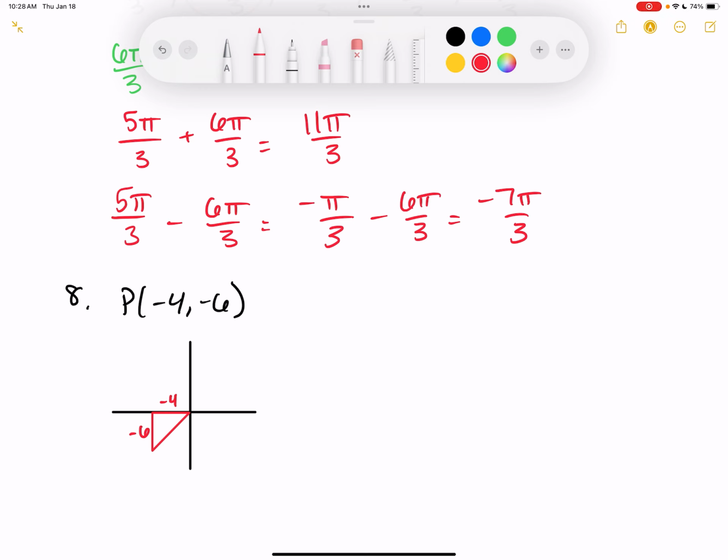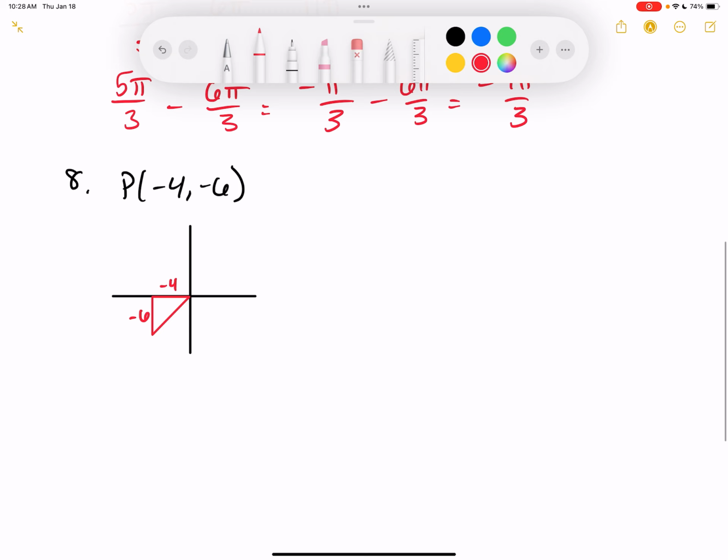How would I do that? Pythagorean theorem. So it's going to be the square root of 6 squared plus 4 squared, and I can just drop the negatives because they're being squared, so they're going to become positive anyways. So that's going to be the square root of 36 plus 16, 52.